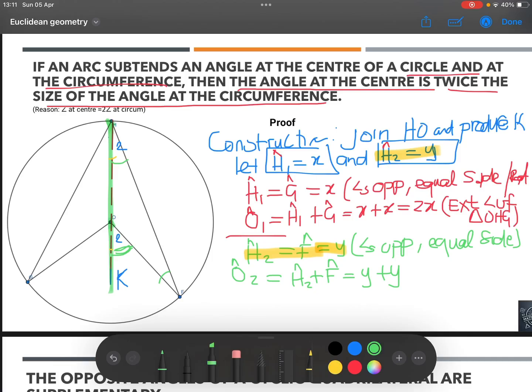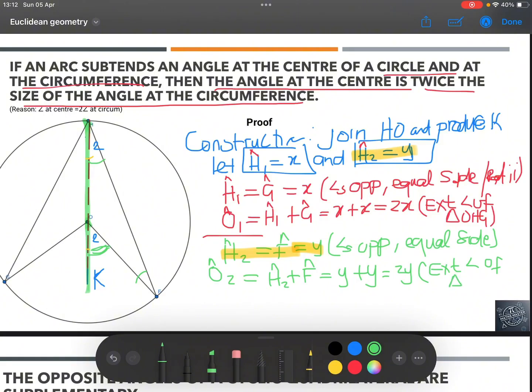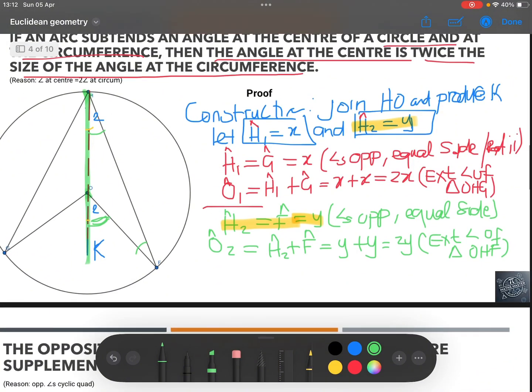So we're going to have 2y. The reason will be the exterior angle of triangle OHF. Right. Okay, let's proceed now.